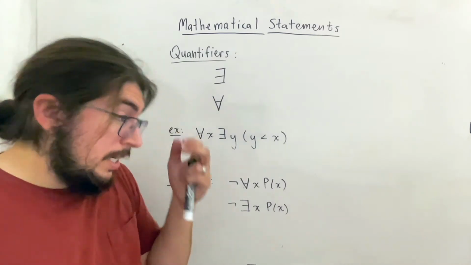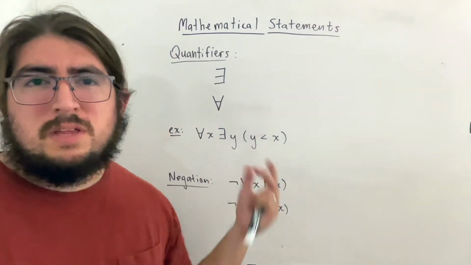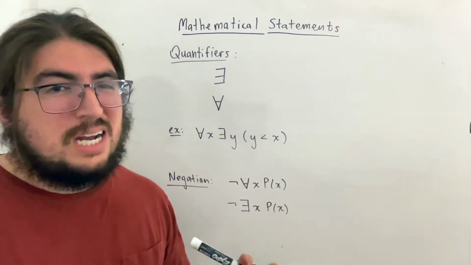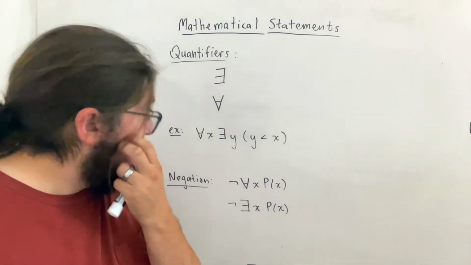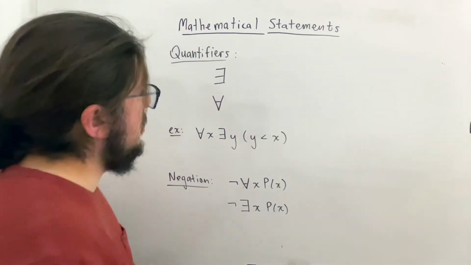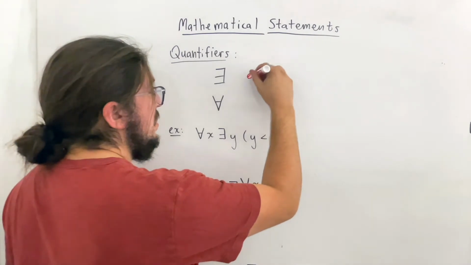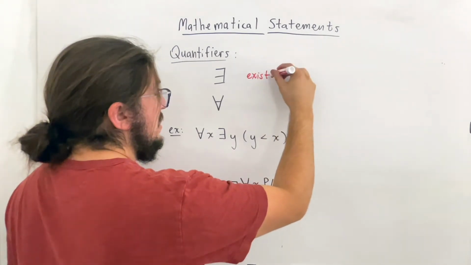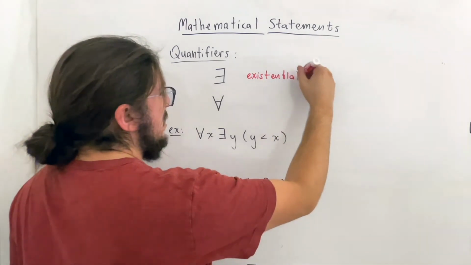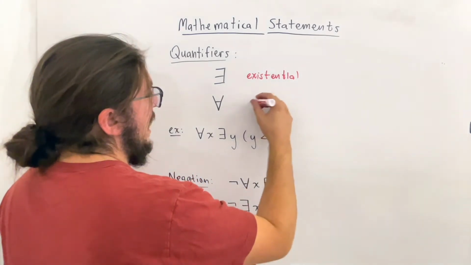Okay, so now we'll take a look at what are called quantifiers, and there are 2 that I basically want to talk about. In reality, there are more, which we'll get into in a little bit. But the main 2 I would like to discuss are the existential, as in existence, and the universal.